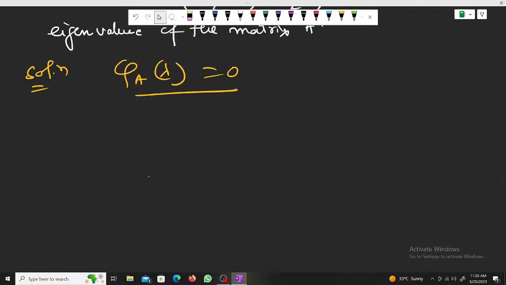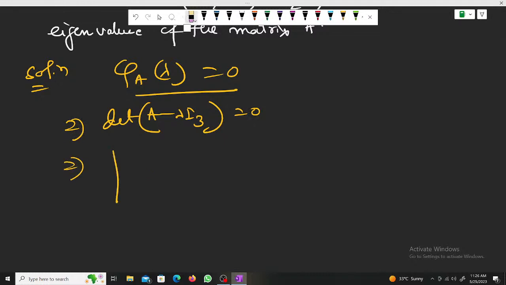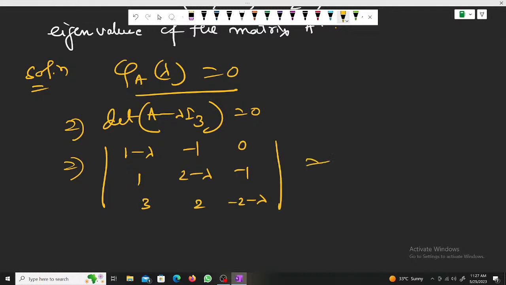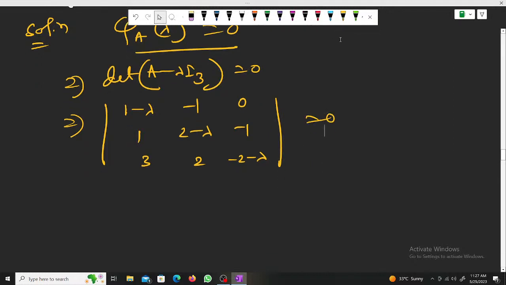That means determinant of A minus lambda I3 is equal to 0, which implies the determinant of 1 minus lambda, minus 1, 0; 1, 2 minus lambda, minus 1; 3, 2, minus 2 minus lambda, this is equal to 0.